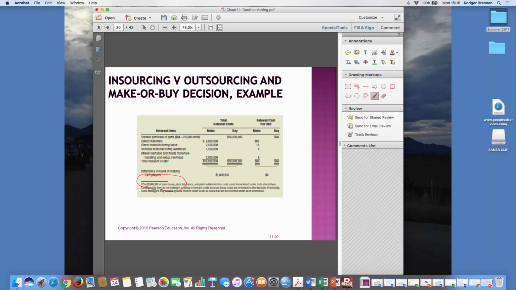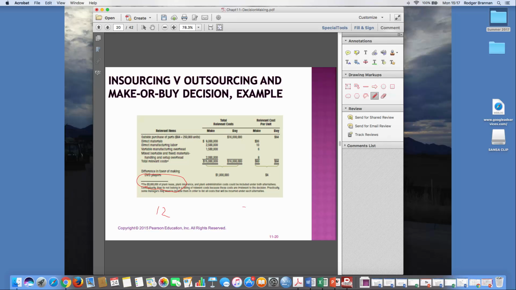And at 250,000 units, that means that the fixed cost per unit is $12.